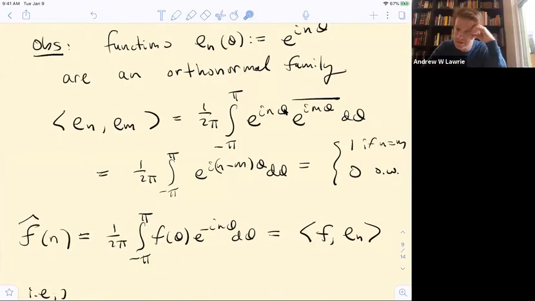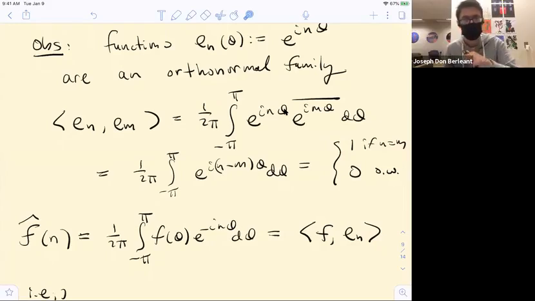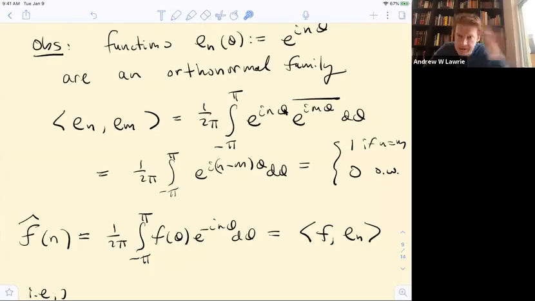It's kind of a basis. So the best approximation lemma holds once you've picked an orthonormal basis and want to expand in that basis.